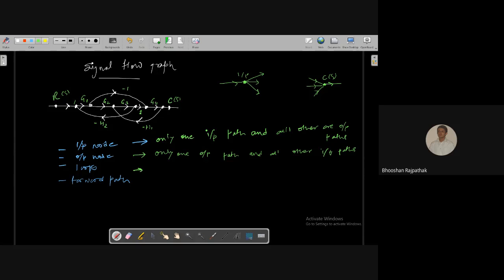Loop is if you start from a node and you traverse through multiple nodes and come back to the same node again without repeating other nodes twice.